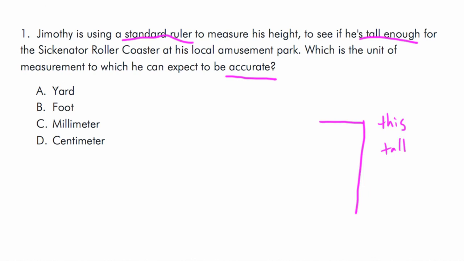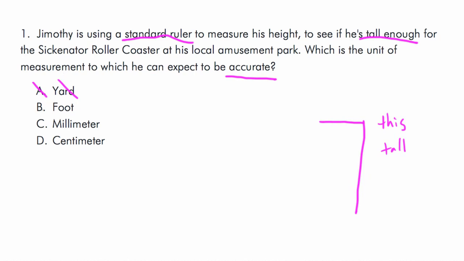If I look at this, a person is only like 2 yards tall. I'm 6 feet tall, so this means a yard. That's not really what I'm talking about. It's not very accurate here if I'm talking about yards, because people are only like 1.5 or 2 yards tall. Sometimes if they're super tall, you're 2 and a 4th yard.